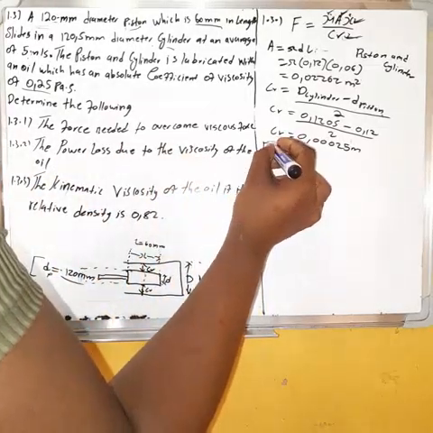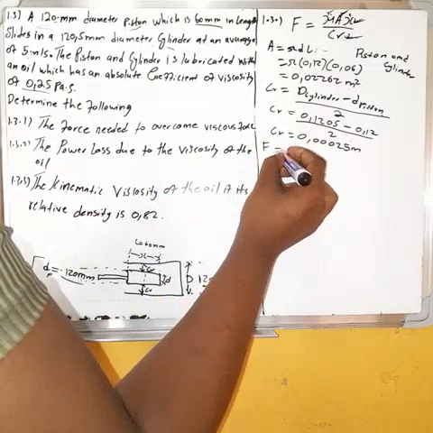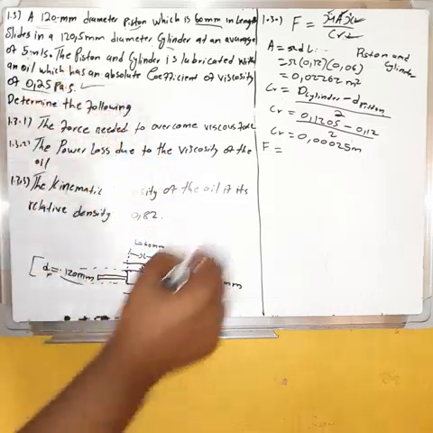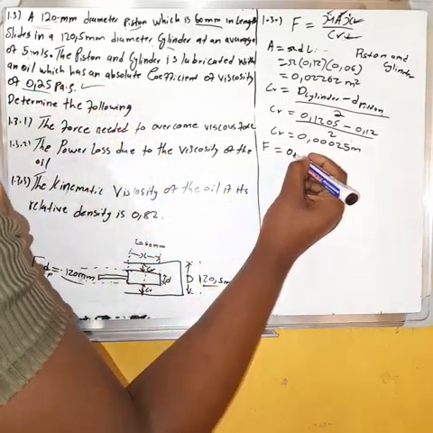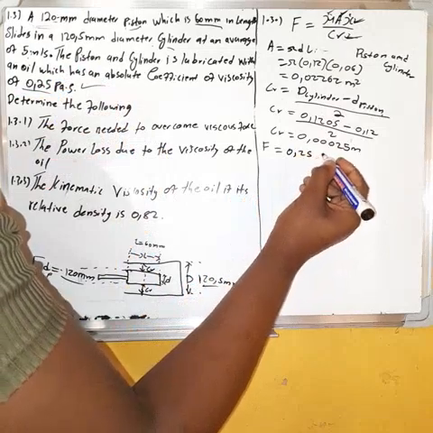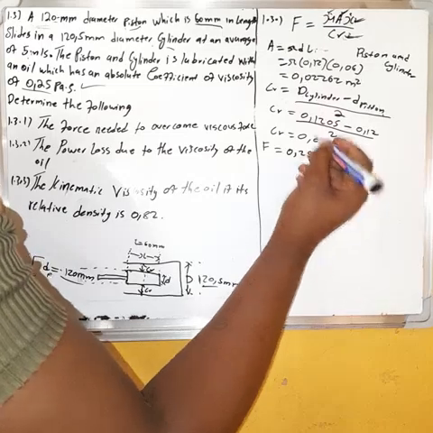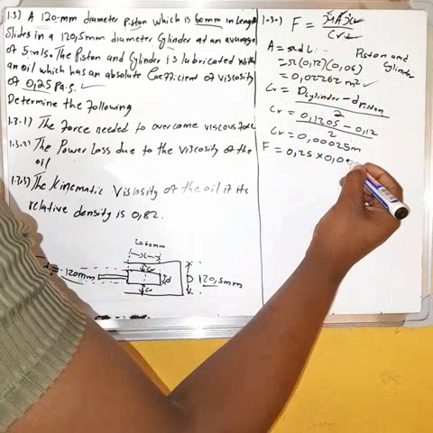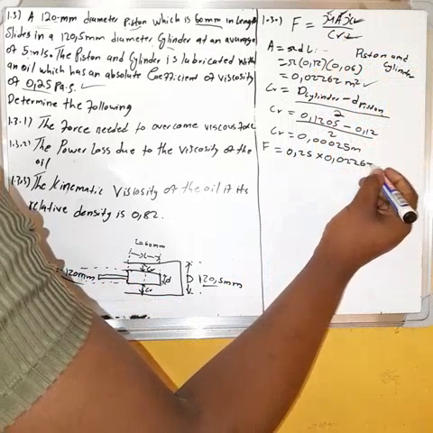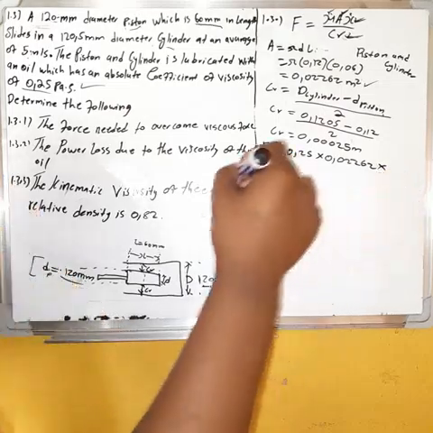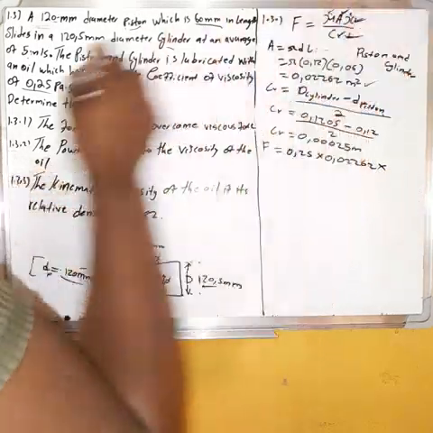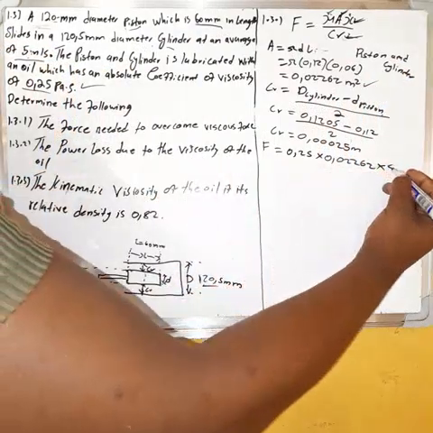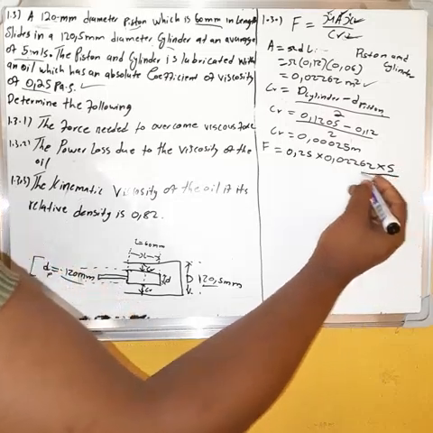Now the force, we just substitute. We have the viscosity here, which is 0.25. Then we multiply by the area, 0.02262, multiply by velocity, which is 5. That's our velocity.